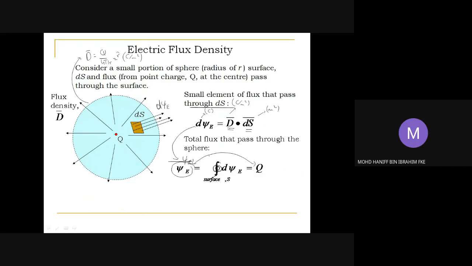The flux leaving the surface is equal to the charge enclosed inside the surface. So from here, we can further write the equation, based on the equation above, as the closed surface integration of D dot dS equals the enclosed charge. So this is what we call the Gauss law.